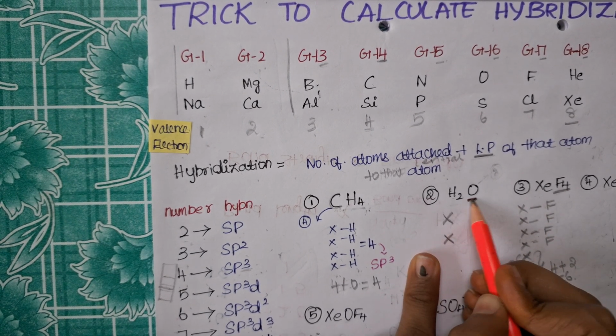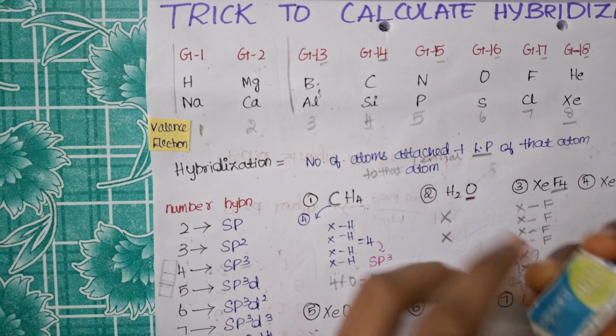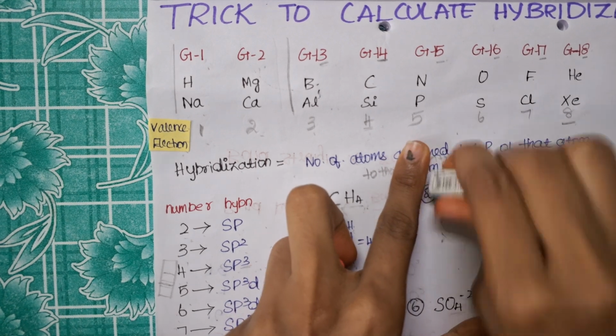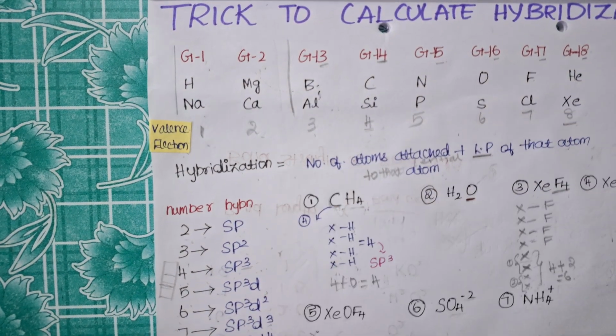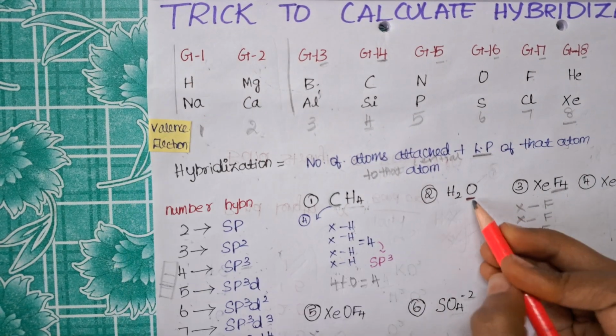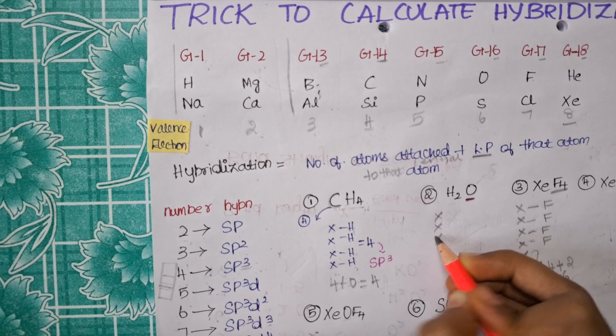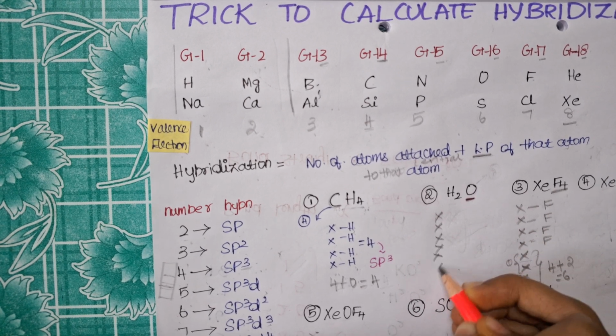Here, oxygen is your central atom, right? Now we will calculate. What is your valence electron? It is 6. So 1, 2, 3, 4, 5, 6.